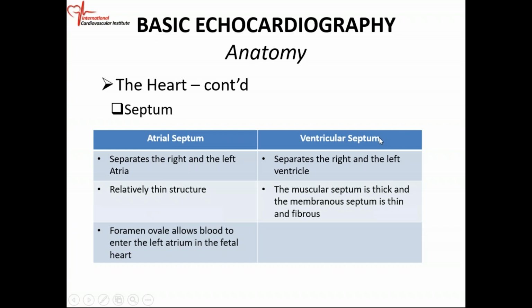Then we have the ventricular septum, which is a thick structure which separates the right and the left ventricle. Okay, you have the muscular septum, which is thick, and then you have the membranous septum, which is thin and fibrous.